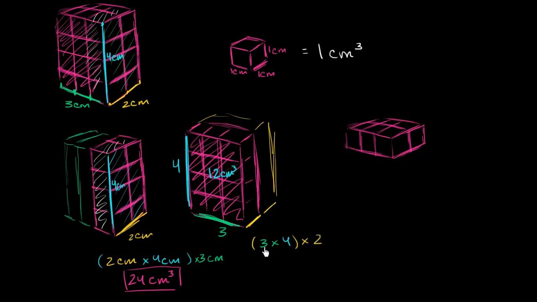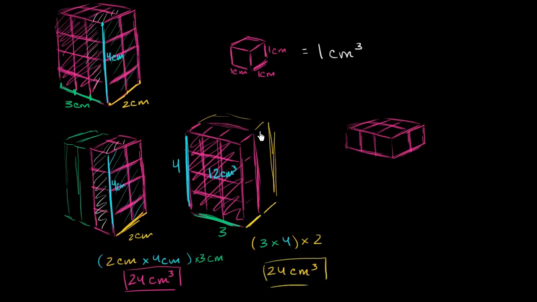And once again, 3 times 4 is 12, times 2 is 24. I didn't write the units the first time, but that's going to give us the count of how many cubic centimeters we have, how many unit cubes we can fit. So once again, this is 24 cubic centimeters.